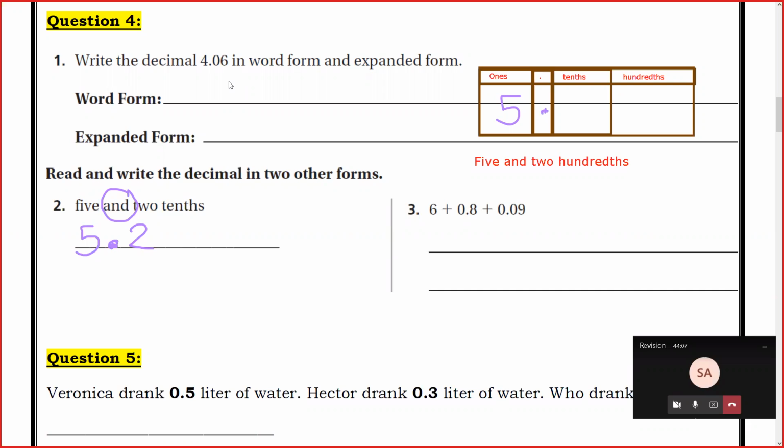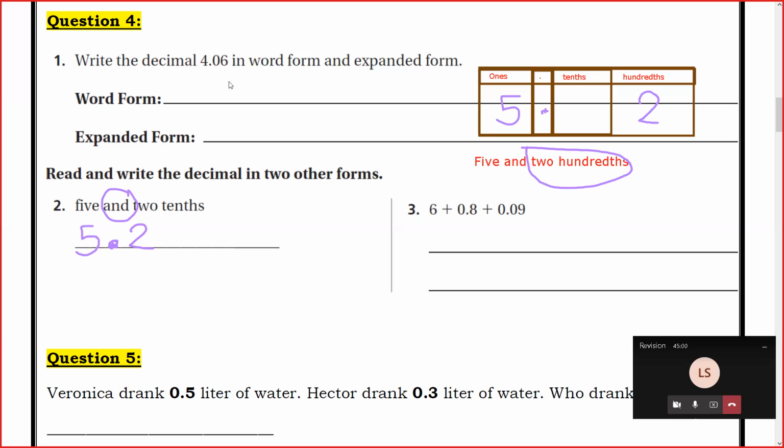Let's choose randomly Lamia. Yes, Lamia. 5 and 2 hundredths. Where should I put number 2? In tenths or hundredths? 2 hundredths. In hundredths. Bravo. So you have to put number 2 here.